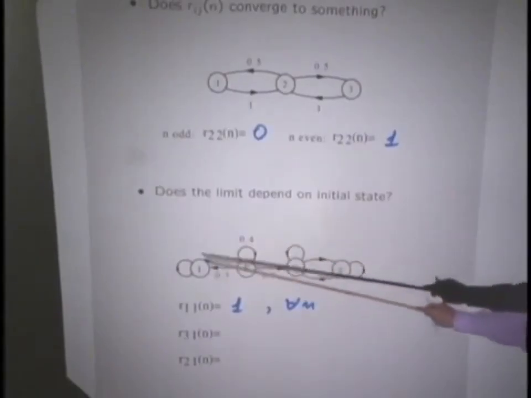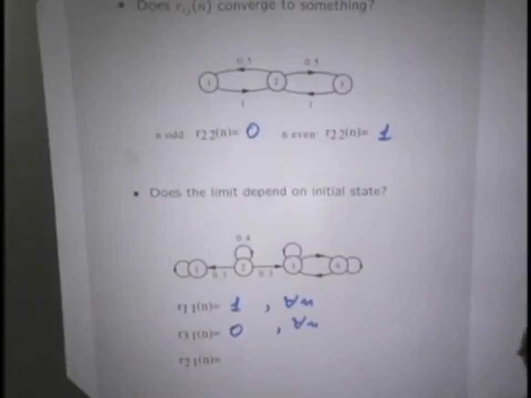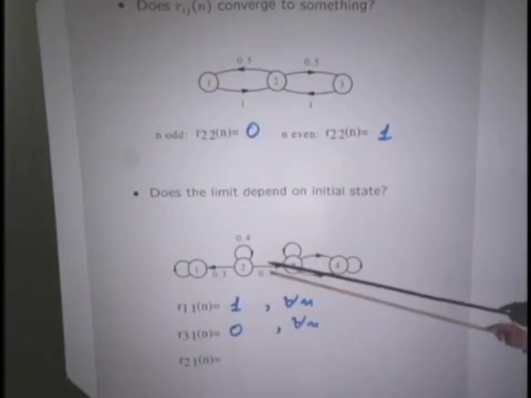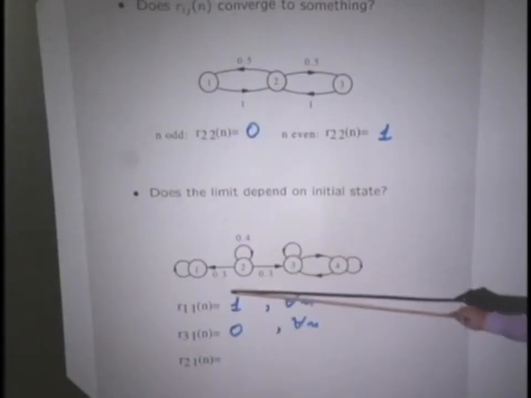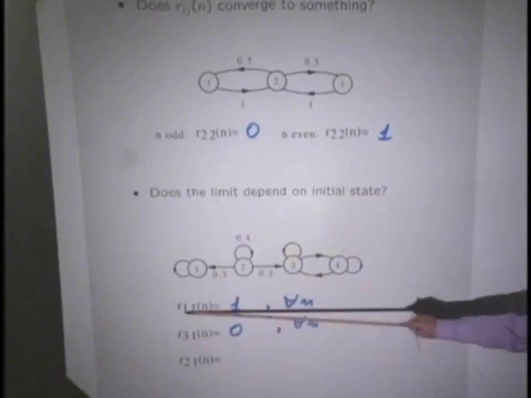So there's no way that you go to state 1. And for that reason, R31(n) is 0 for all n. Okay. And so this is a case where the initial state matters.